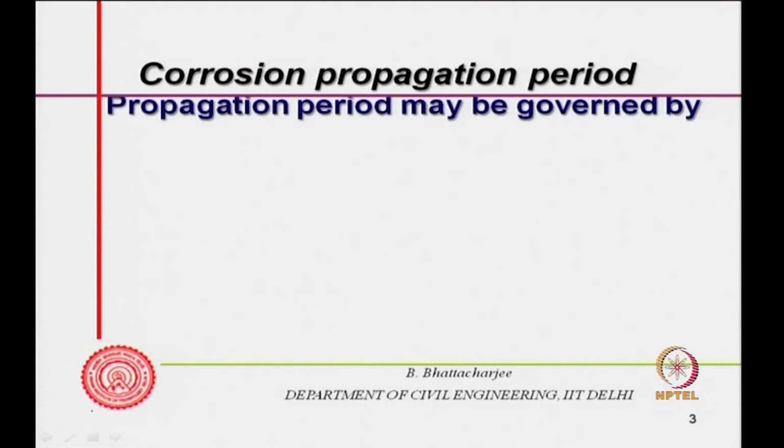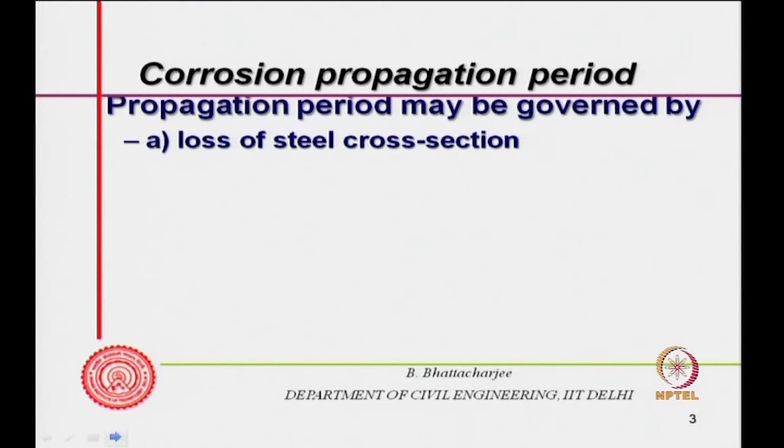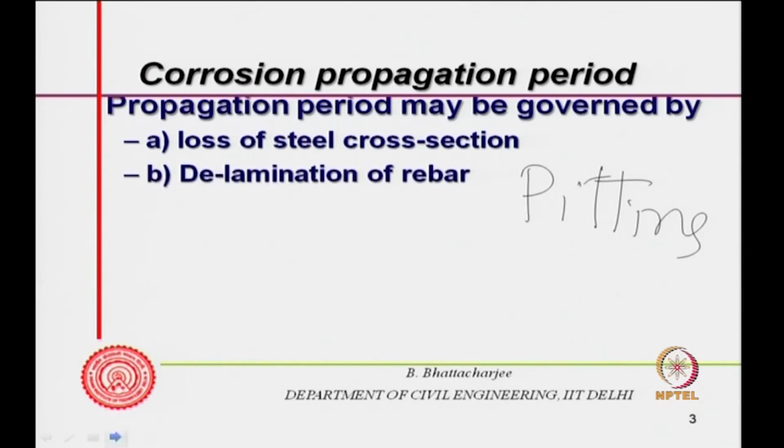Some fundamentals we did look at earlier, but the result of corrosion could be loss of steel cross section, especially in the case of pitting. A second case could be delamination of the rebar, that is, this is your reinforcement bar and the surrounding concrete is here, here and here.